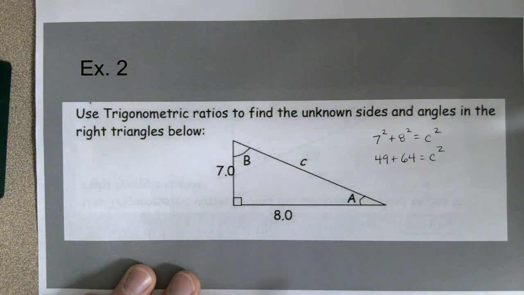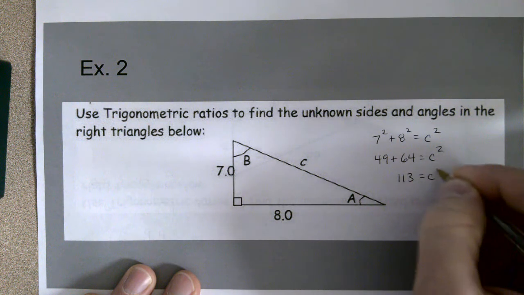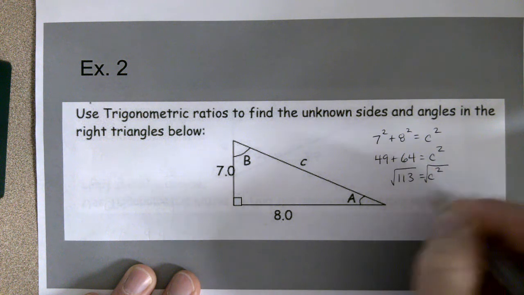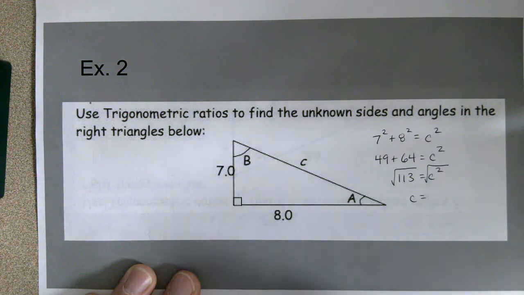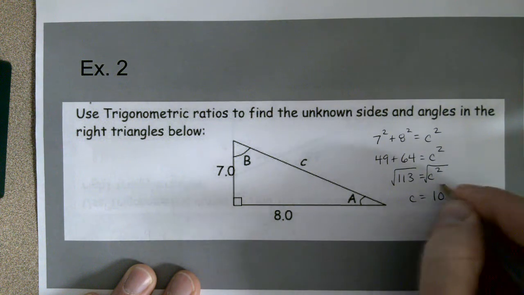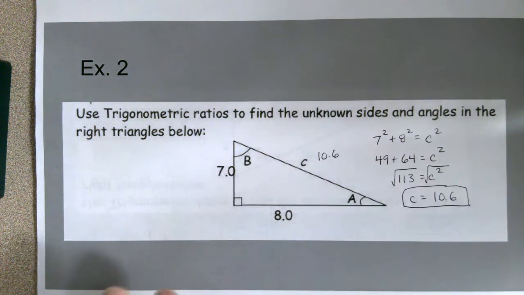If we add 49 and 64, I get 113 equals c squared. And if I take the square root, that's going to tell me that C is approximately 10.6. So there's my missing side.